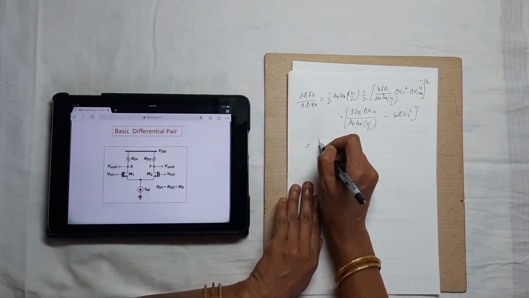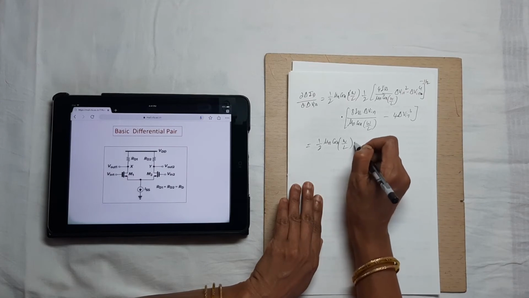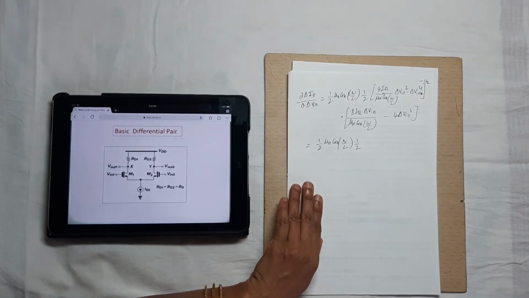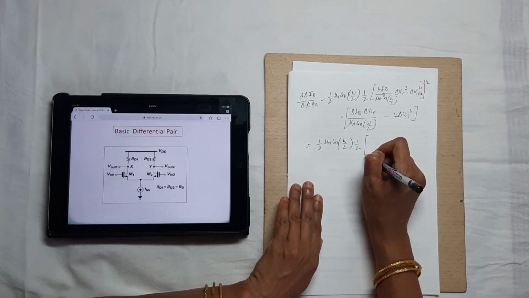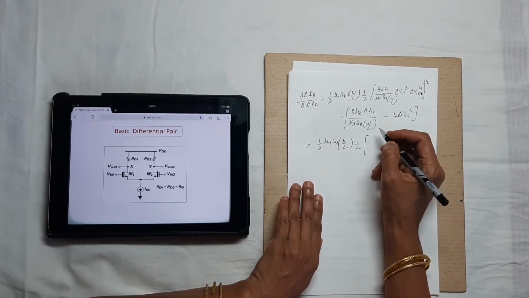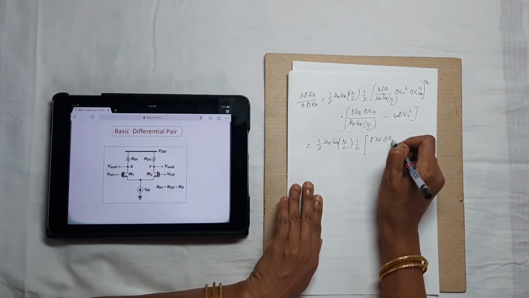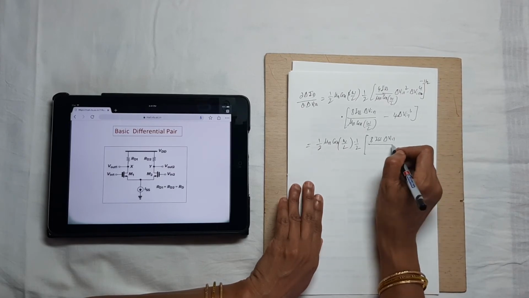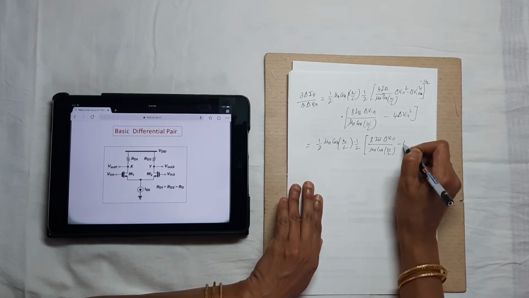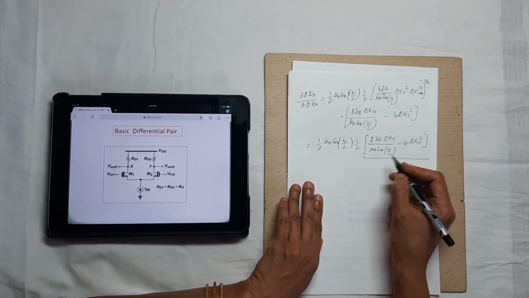This is equal to half mu n Cox W by L into half, 8 ISS delta Vin minus 4 times delta Vin cube divided by this.